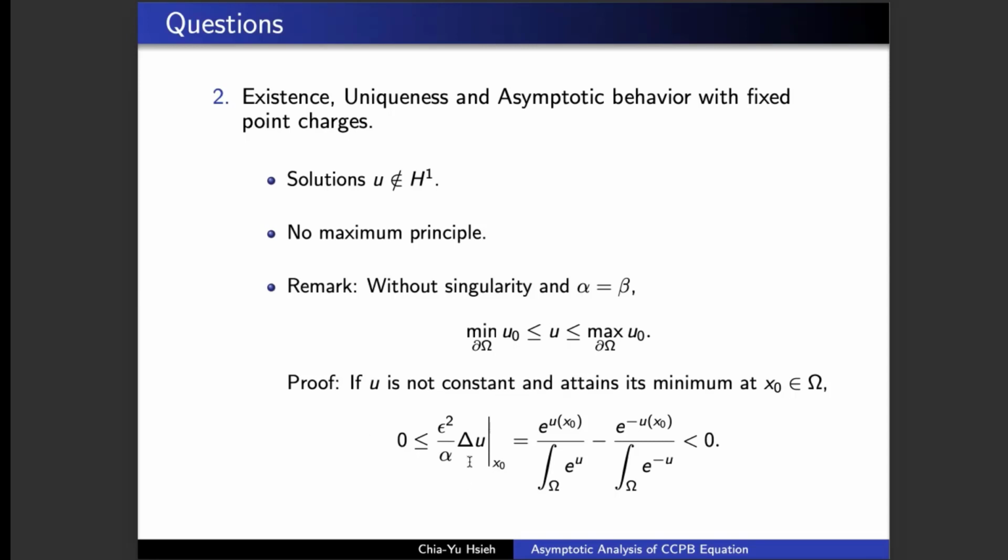On the other hand, by the equation evaluated at x0, since u(x0) is the minimum, both the first term and the second term are strictly negative. So this gives us a contradiction. So if there is no singularity, u is bounded above and below by its boundary data.